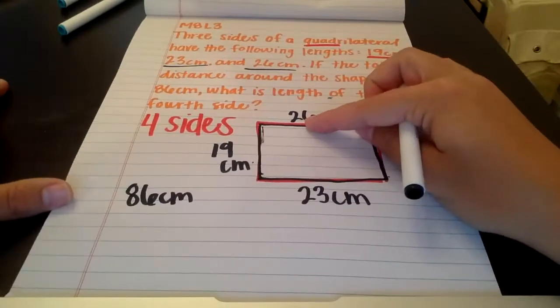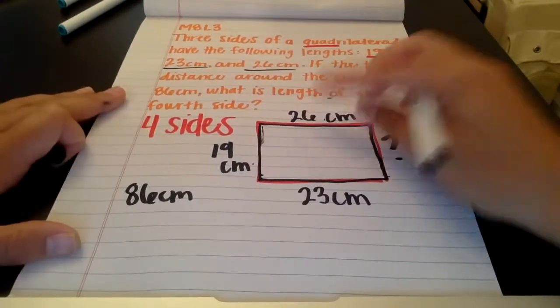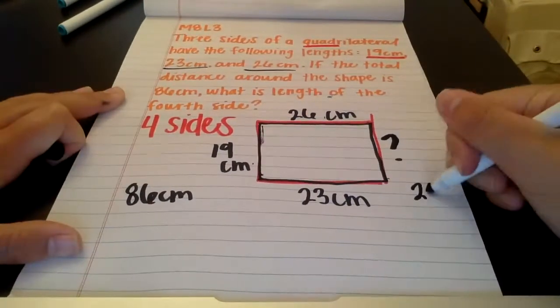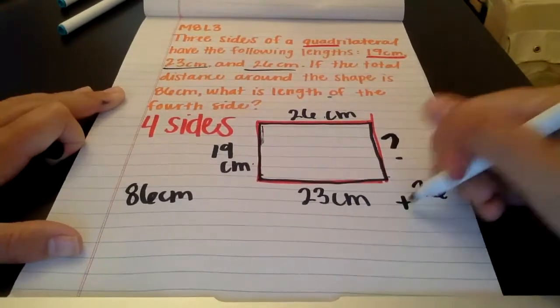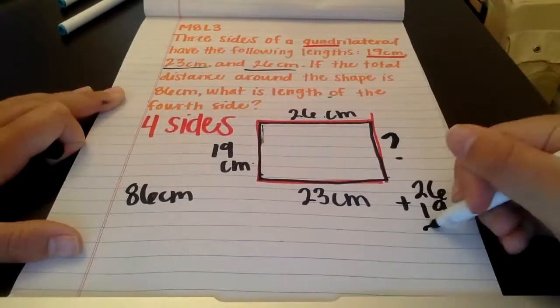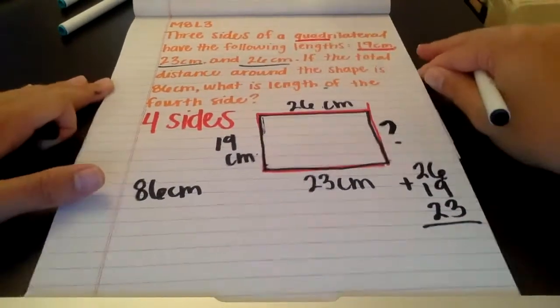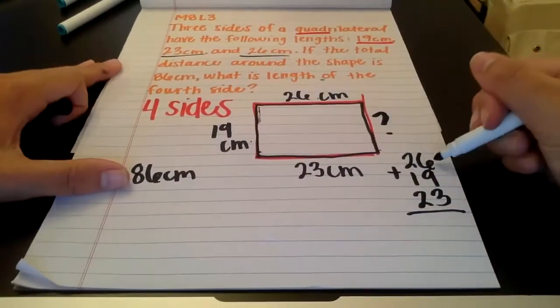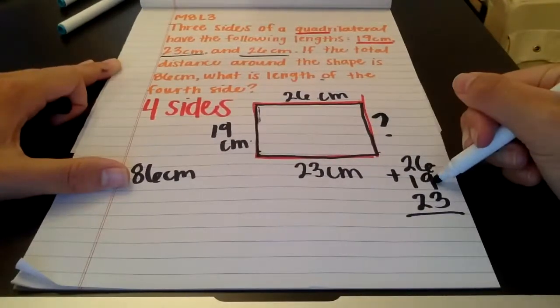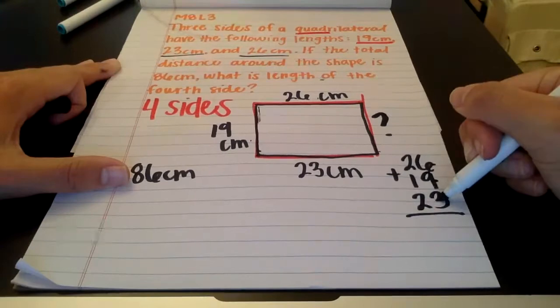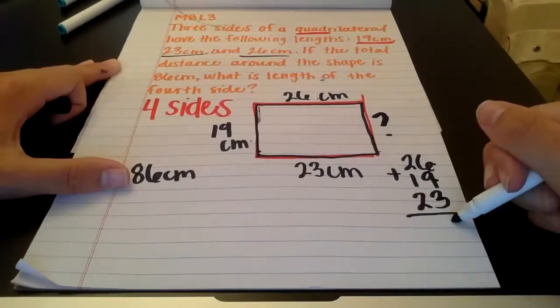We need to put things together, which means we need to add. So I'm going to go ahead and add vertically 26 plus 19 plus 23. Okay, shove my paper down a little bit. 6 plus 9 is 15. 15, 16, 17, 18.